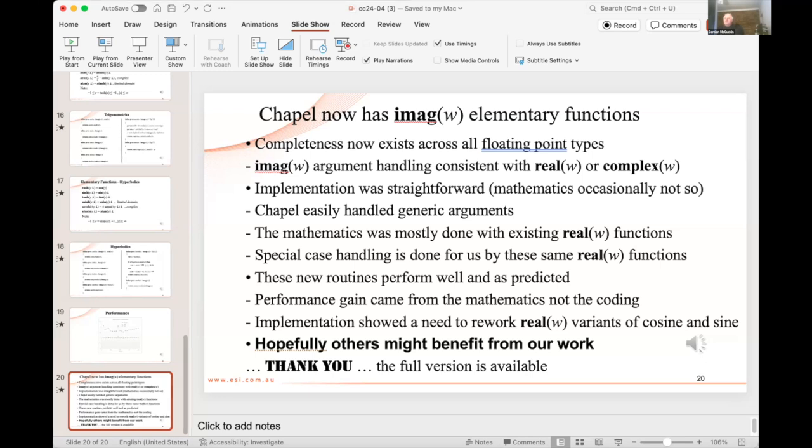And I did this in Chapel because Chapel had a full implementation of imaginary arithmetic, which means that it was possible to actually implement this. I didn't attempt to implement it in any other languages. And as I said, the only other languages where you'd stand a chance of doing this would be C, D, or Ada.